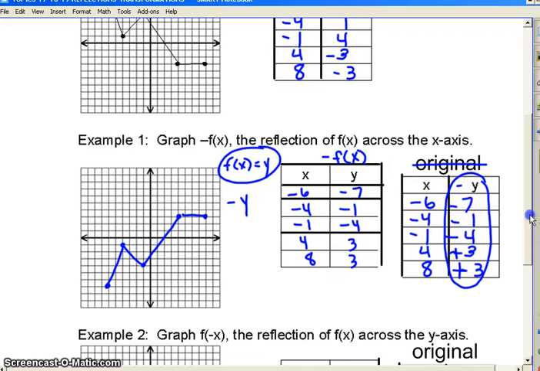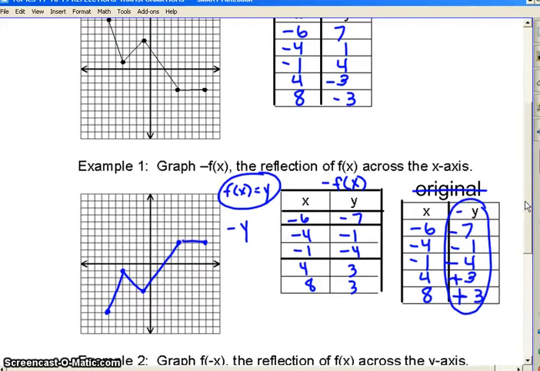So that's how we took the original points and we made them all opposite from what they were. Okay, and if you look at the original graph compared to the new graph, all it is, is we flipped every point that was above the x-axis below, and everything that was below, we flipped it up.